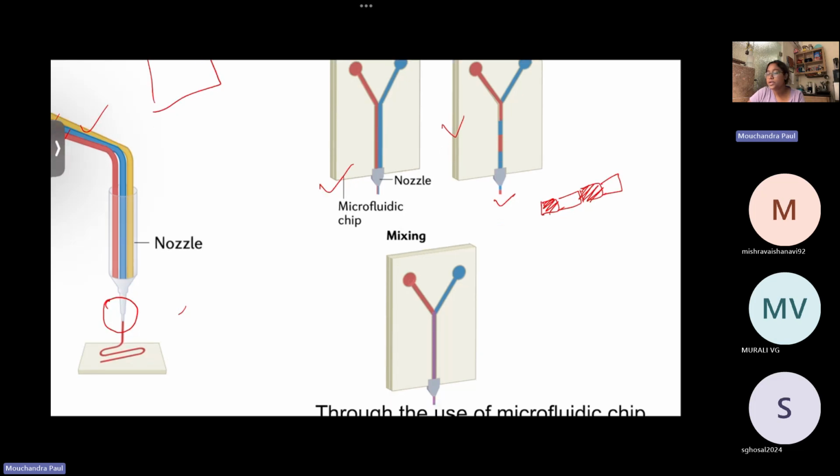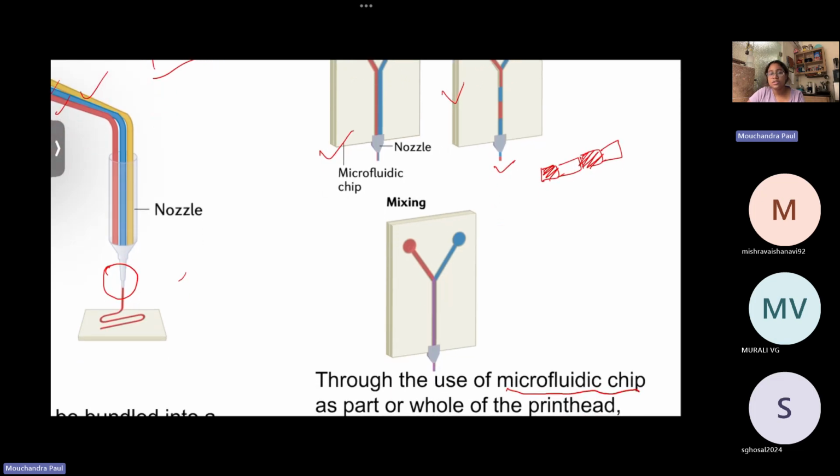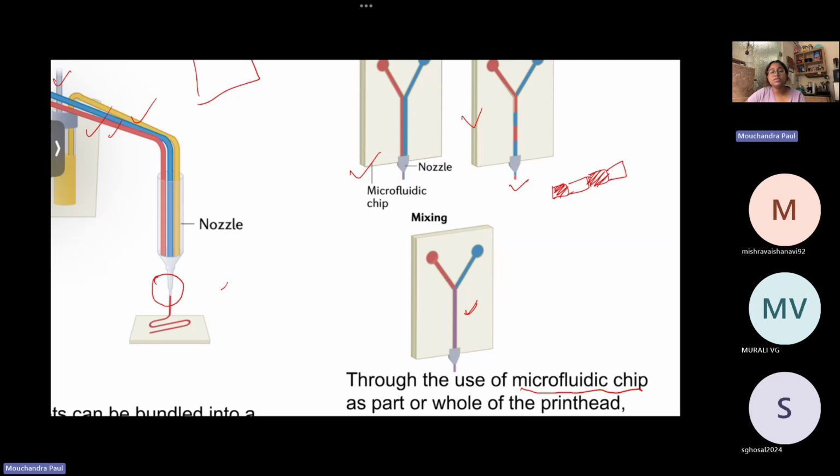Or you can mix these two channels: at the channel level you converge them into one channel, mix, and then extrude. So these three configurations are possible to make in a microfluidic system, which is a very small system.